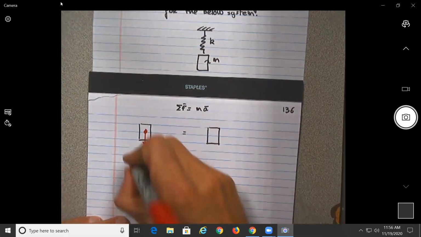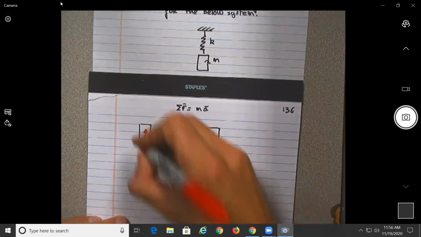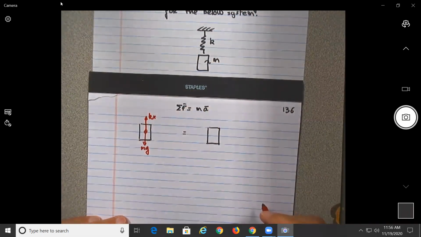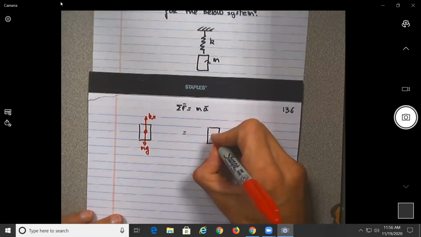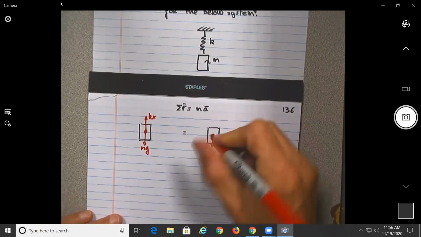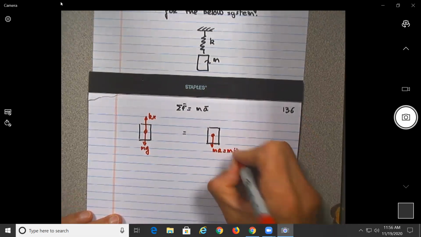Down, we're going to have gravity acting, mg, and this is not going to fall because the spring is going to be creating a force, kx, no? But now, if we assume you pull down, this will be moving down with MA, which will be m x double dot.